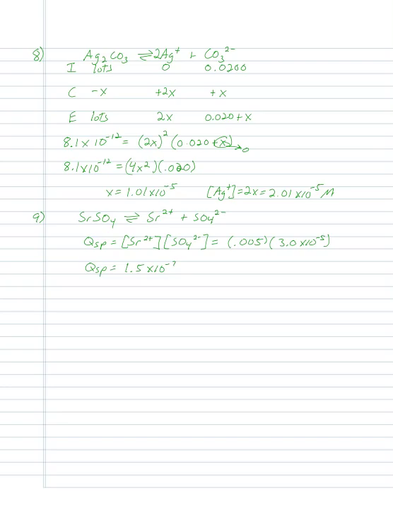So it's close. However, my QSP is less than my KSP, and so I will not get a precipitate here. I have not yet saturated the solution. Okay, so no precipitate because the Q is less than the K. That means I don't have enough ions in solution yet to form precipitate. It's not going to take a whole lot more, but we're not there yet.